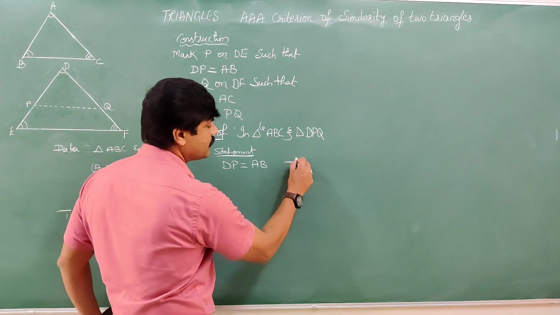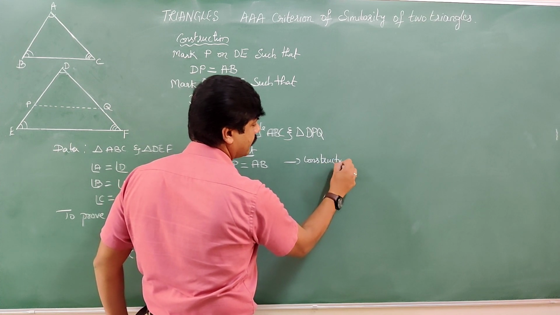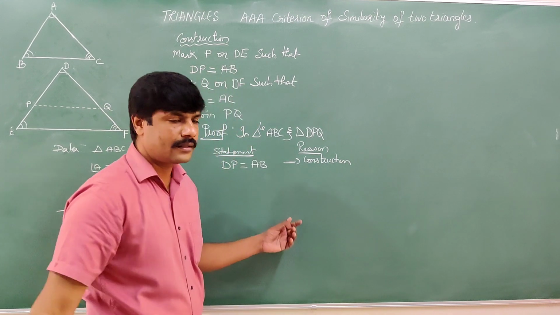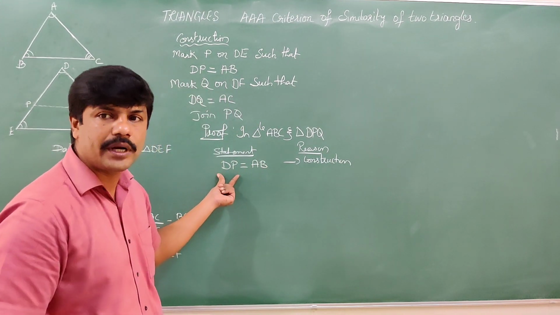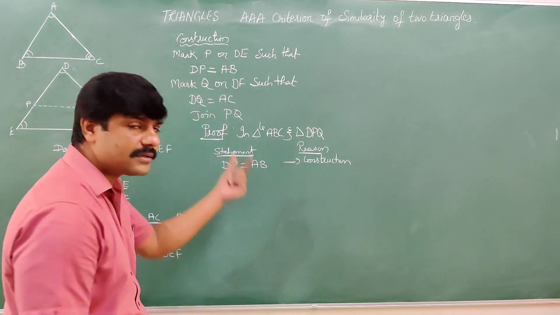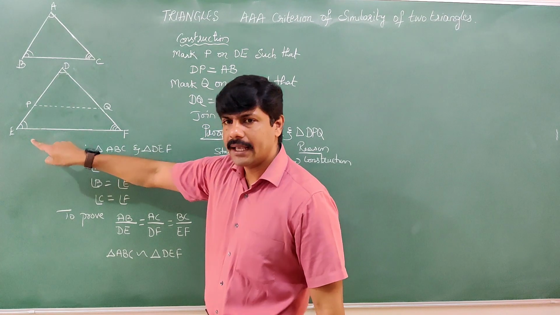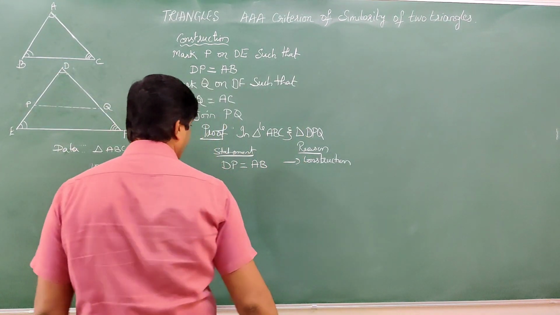How? By construction. What is the reason? On what reason does DP become equal to AB? By construction, we have constructed in such a way. We have taken a point on DE such that DP should become equal to AB.